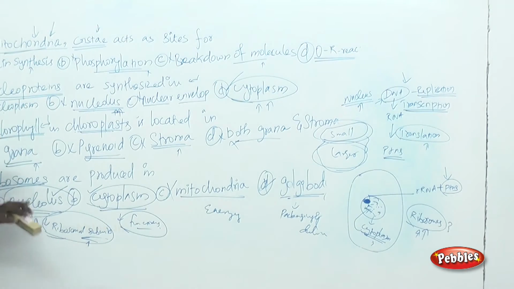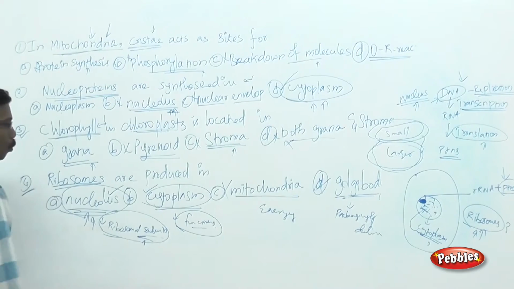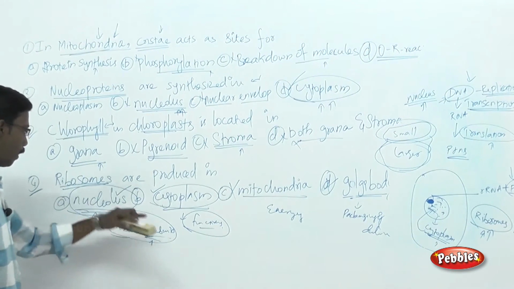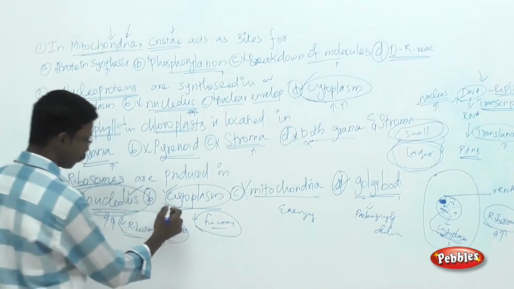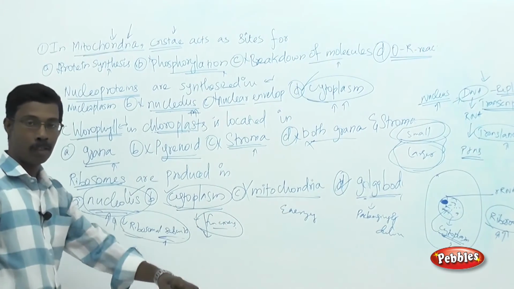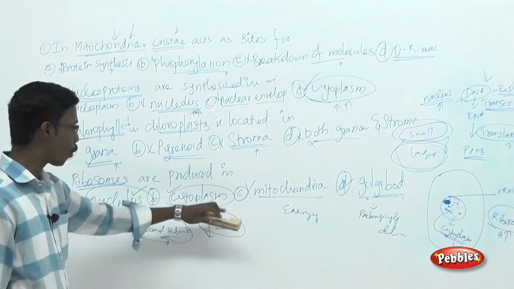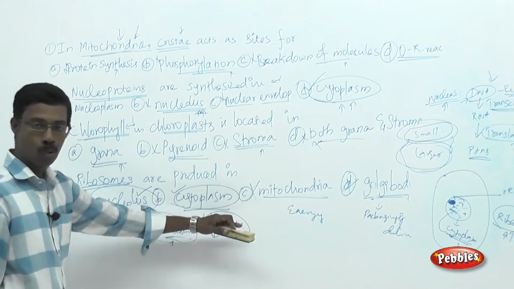Come back to the question. Ribosomes are produced in, okay, we have eliminated two choices, mitochondria and Golgi apparatus. We have nucleolus and cytoplasm. Don't get confused with the term cytoplasm. The cytoplasm is involved in protein synthesis and some other functions, but it plays no role in the assembly or synthesis of the ribosomal subunits.